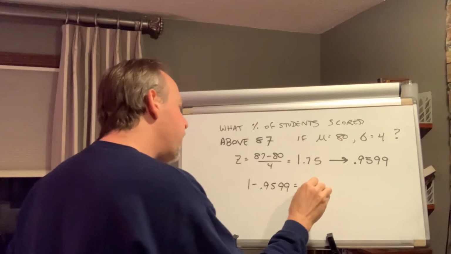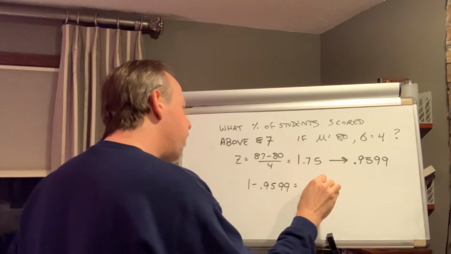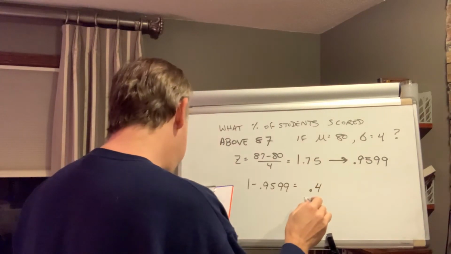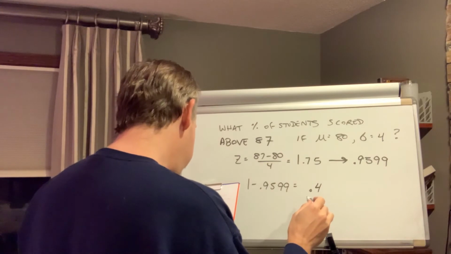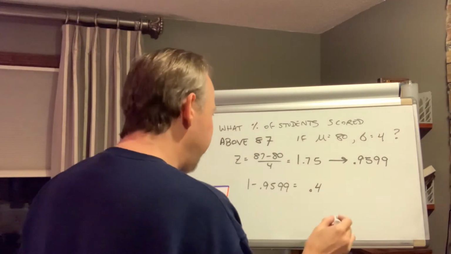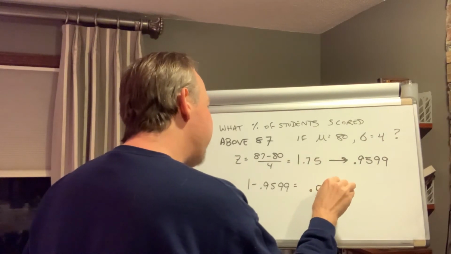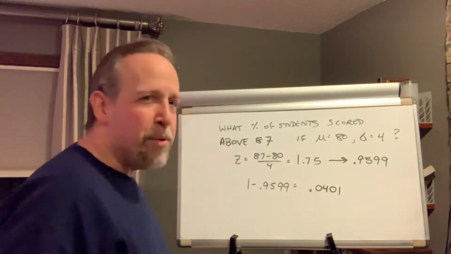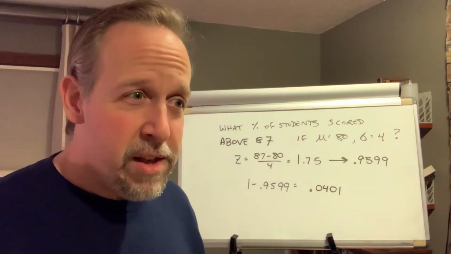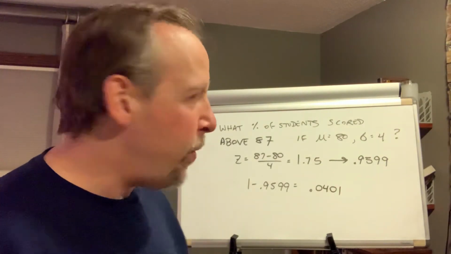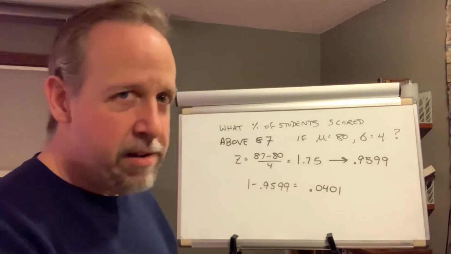And I'm going to get 0.0401. Okay, 0.0401 gives me the answer of who is higher than 87.